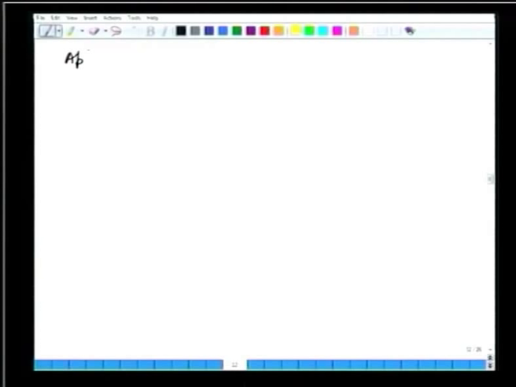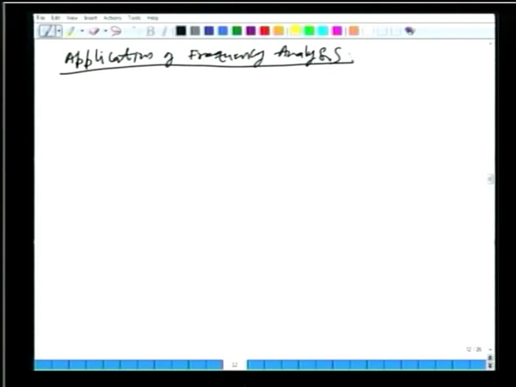The next thing we are going to look at is why we need this, or what is the application of frequency analysis. Any idea why it is needed? Well, I will just try to list some of them.